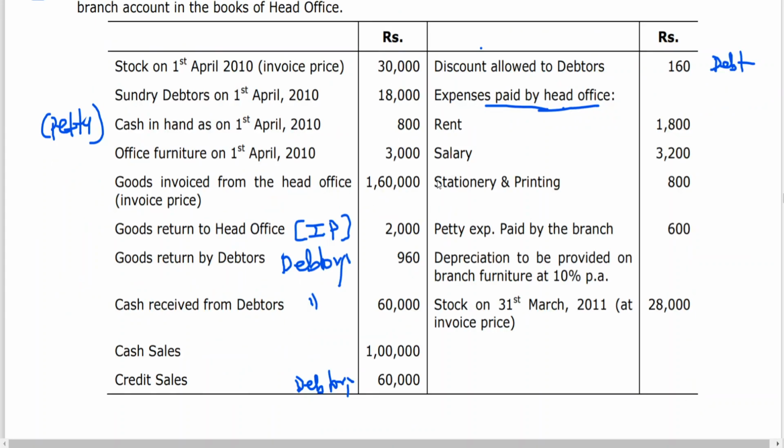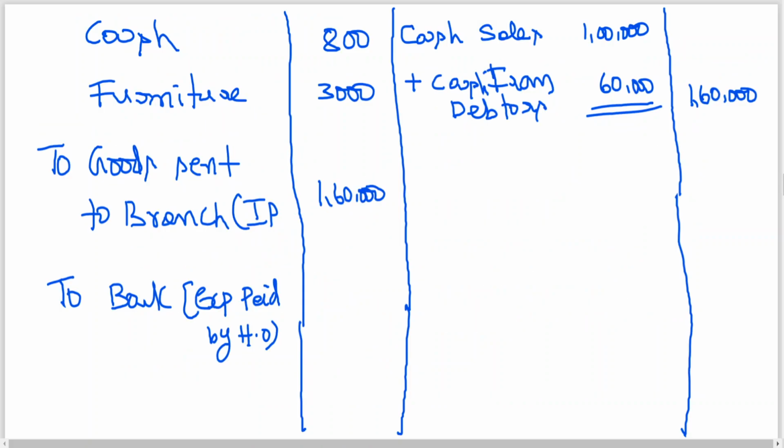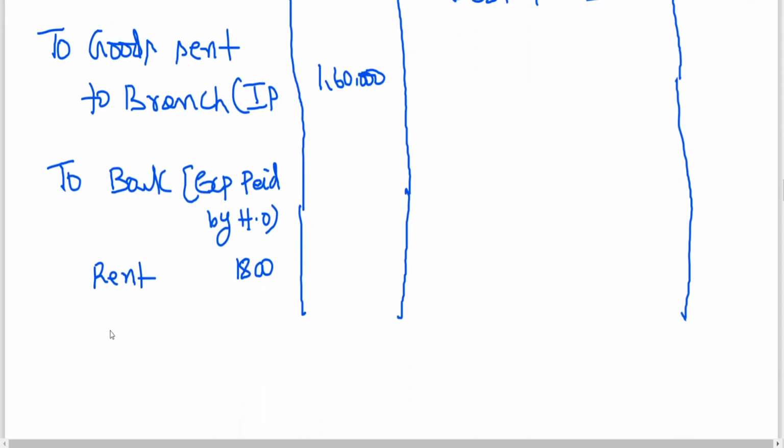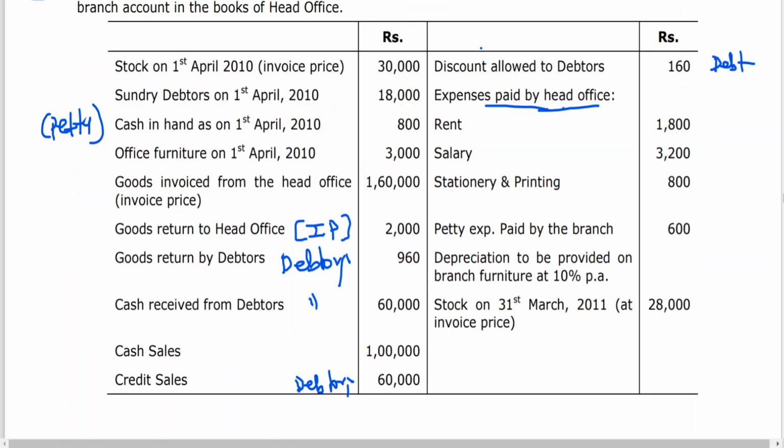Rent 1800, salary 3200. Salary 2000, 3200.